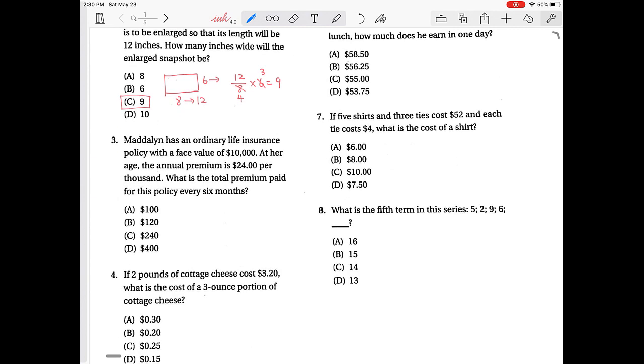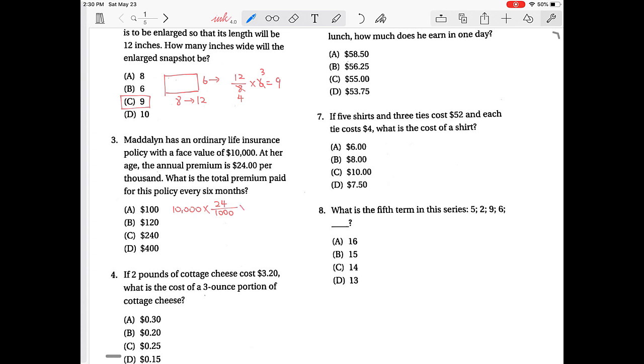3. Madeline has an ordinary life insurance policy with a face value of $10,000. At her age, the annual premium is $24 per thousand. What's the total premium paid for this policy every 6 months? Note that her annual premium is $24 per thousand, so we have 10,000 times 24 per 1,000, but we're only trying to find the total premium paid in every 6 months.